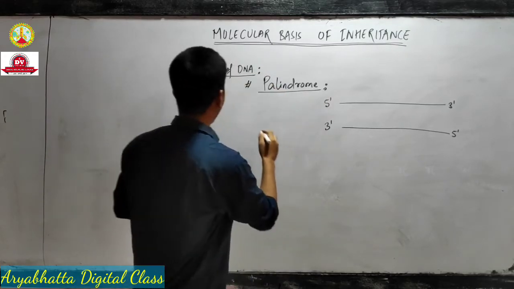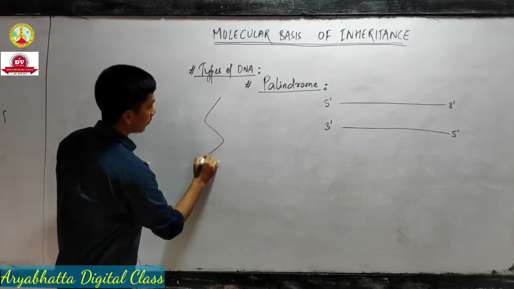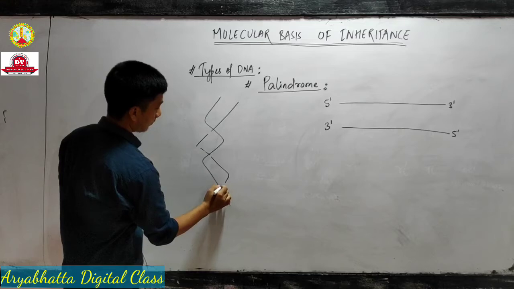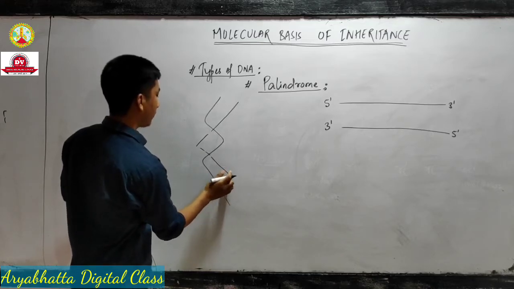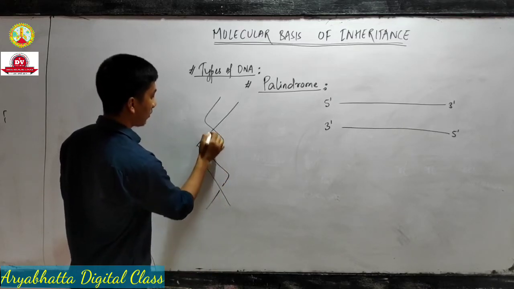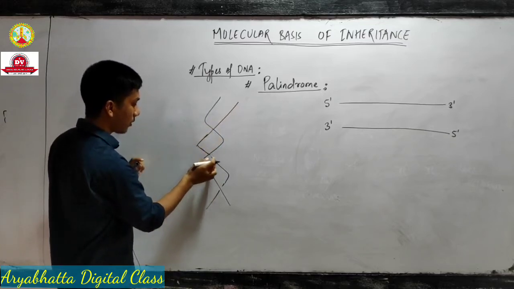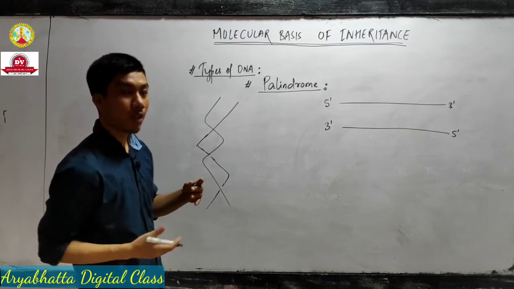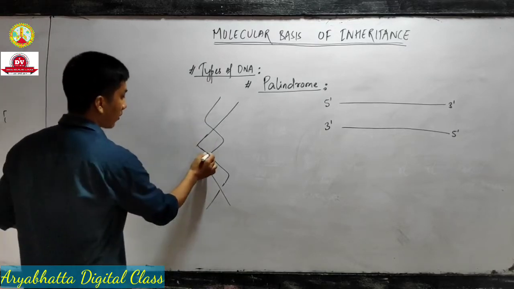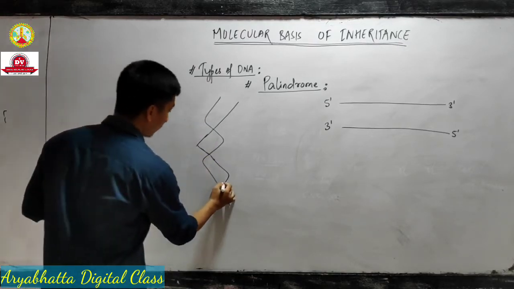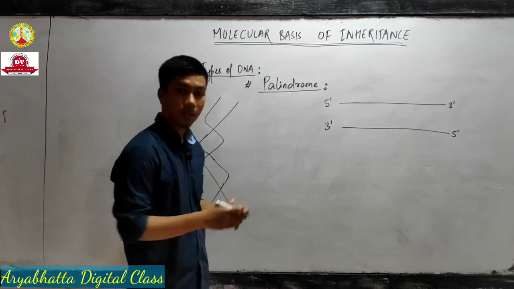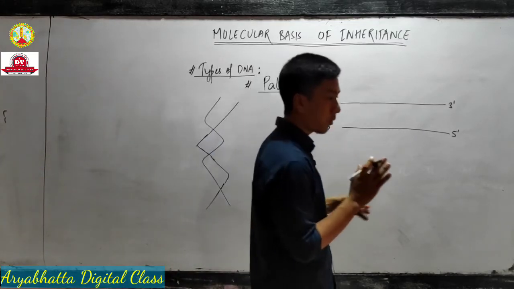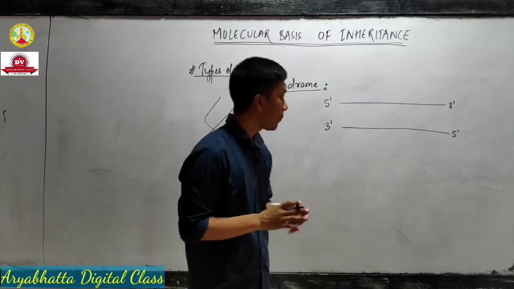The structure that we drew in our last video is actually a pentose sugar too. To make it easy to understand, we have drawn it like this. So don't get confused, and the 2 strands are antiparallel.